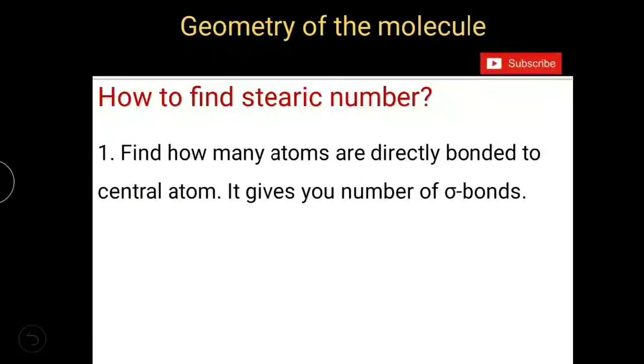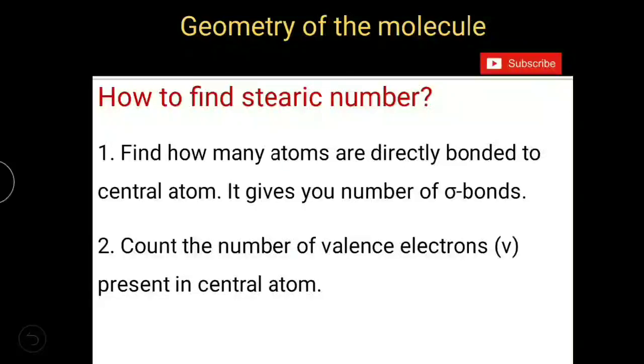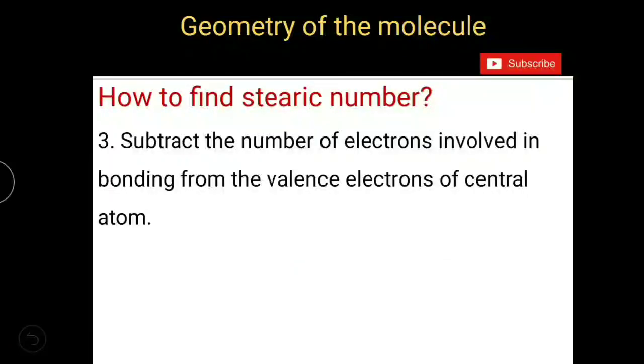First, find how many atoms are directly bonded to the central atom. It gives you the number of sigma bonds. Then count the number of valence electrons present in the central atom. Subtract the number of electrons involved in bonding from the valence electrons of the central atom.